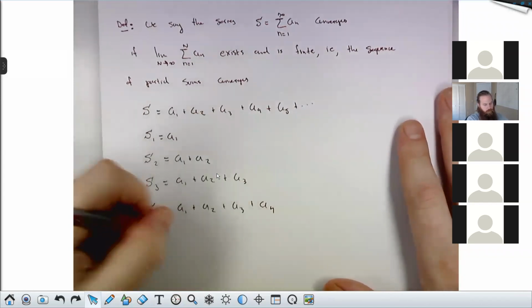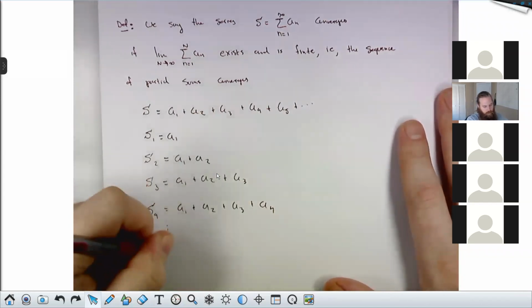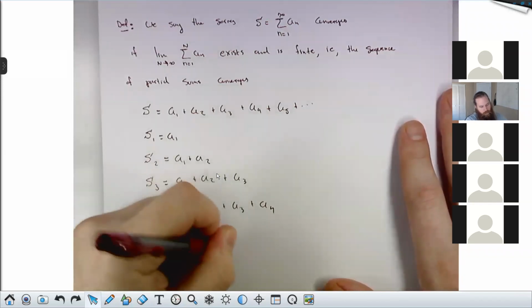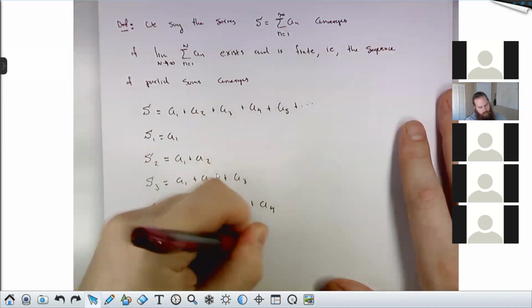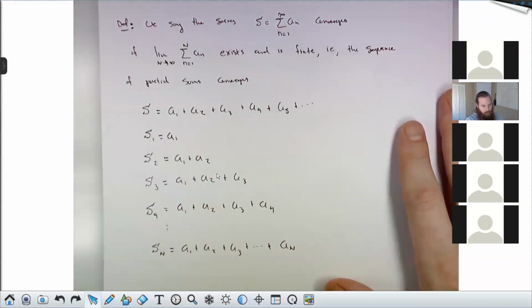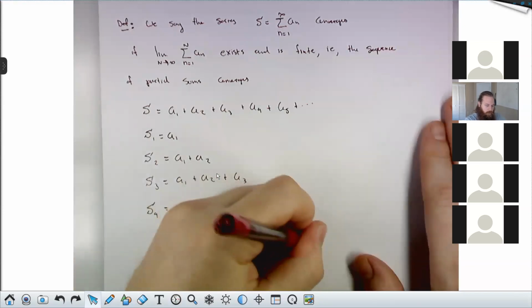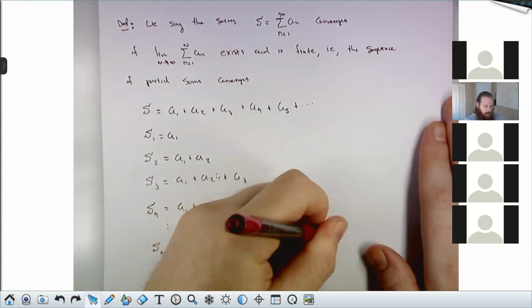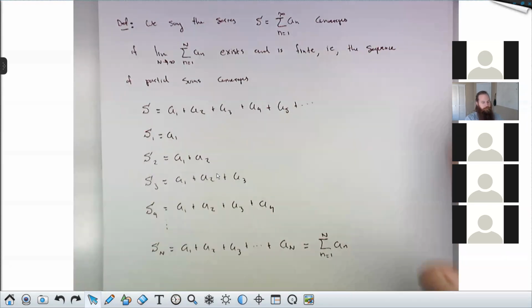And in general, S_N is a1 plus a2 plus a3 out to wherever a_N. You can write this more compactly as the sum from 1 to capital N of a_n.